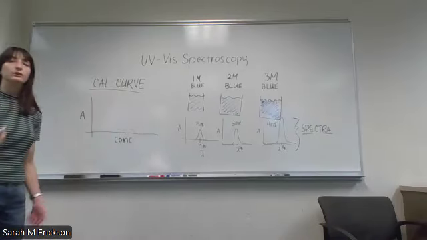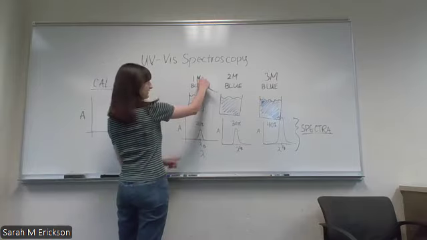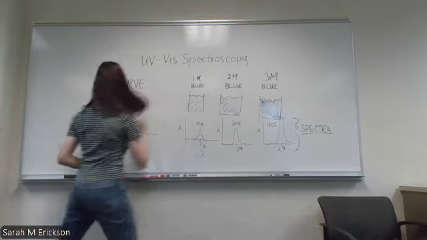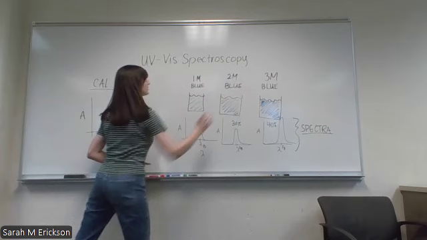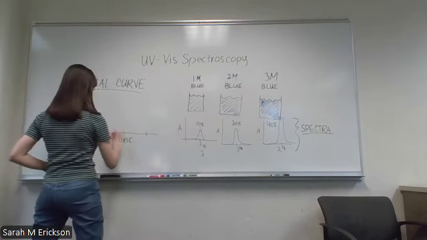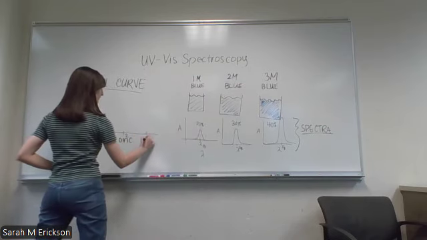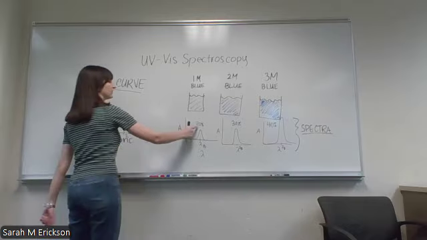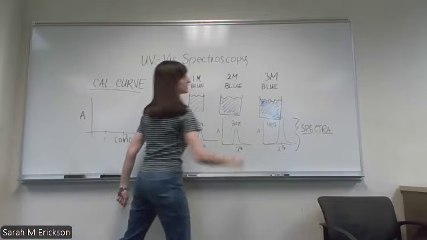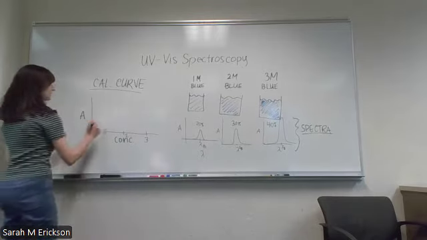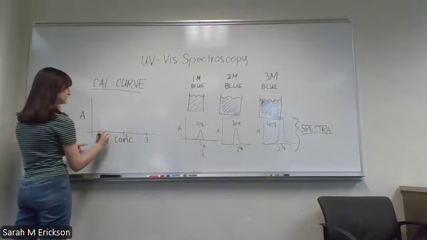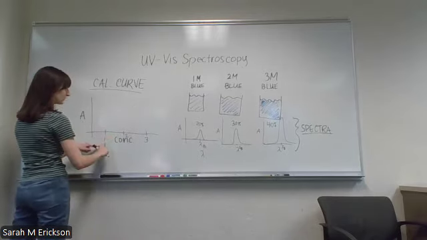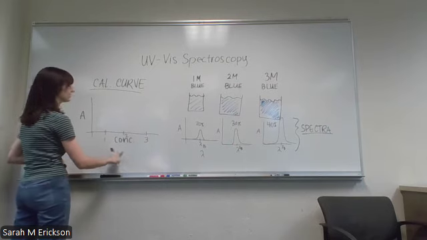Okay, so we can see over here, this is our 1 molar concentration. We also have 2 molar and 3 molar. So 2 molar, 3 molar. So 1, 2, 3. And we saw that this was 20%, 30%, 40% absorbance, right? So if I go through here, I say, okay, 1 molar, here's 1 on my x-axis for concentration.